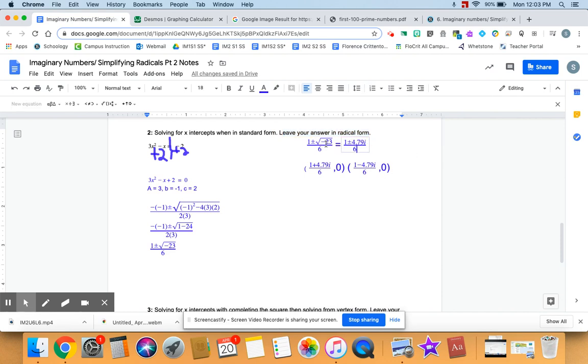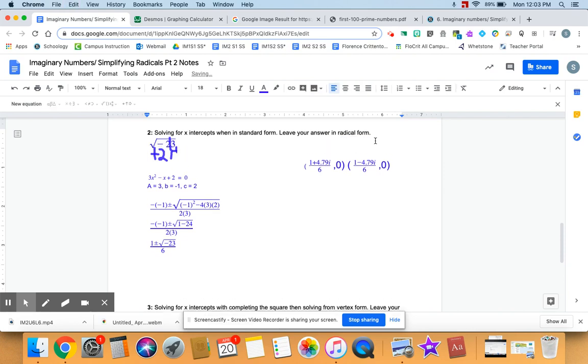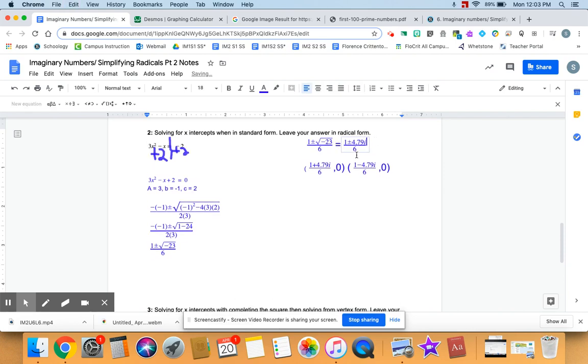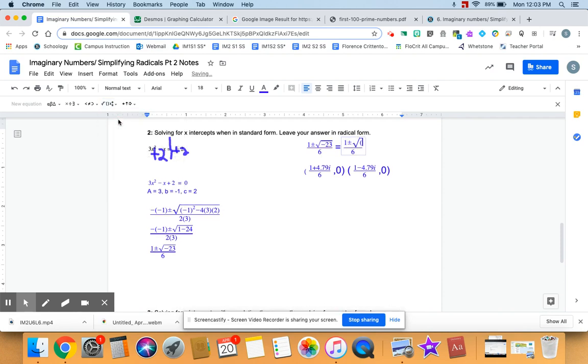So instead, we're going to try to break up negative 23. Here's the important part. The negative 23 here will break up into negative 1 and positive 23.